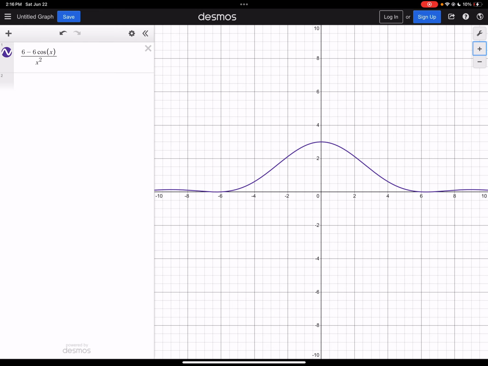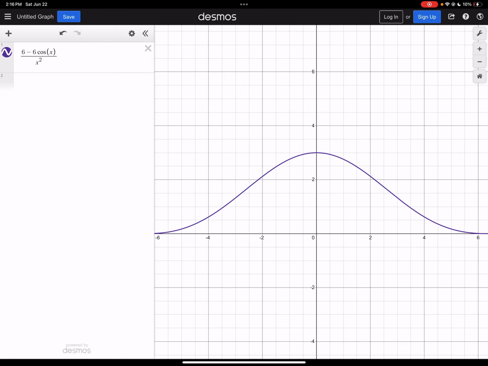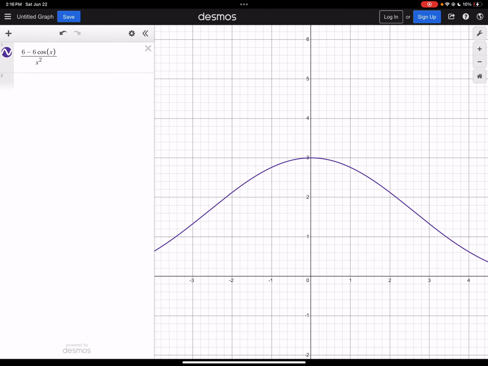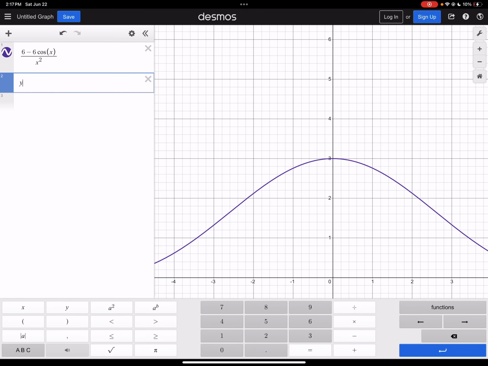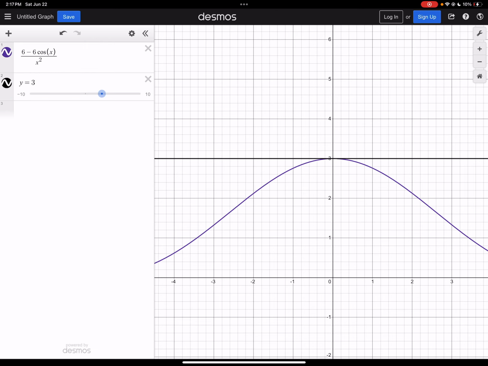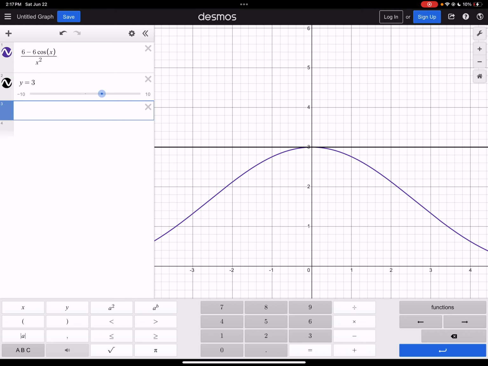And I have this right here. You'll notice that here it kind of looks like a parabola. So I could say y is equal to 3. That could be a function that we could squeeze through. And then we can also say negative x squared plus 3.